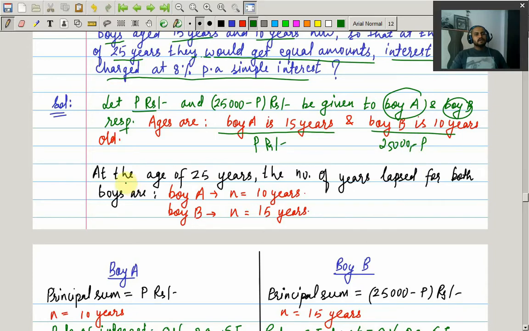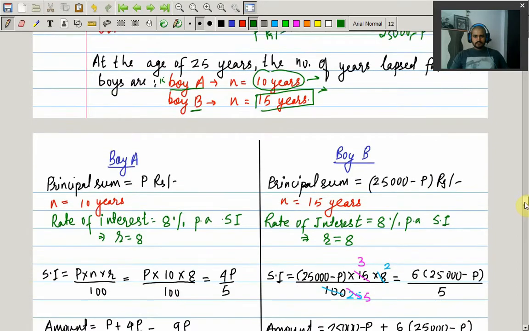So at the age of 25 years, the number of years lapsed for boy A is 10 years, and for boy B, 15 years is lapsed. So this is the time duration for those two boys when they become 25 years old.